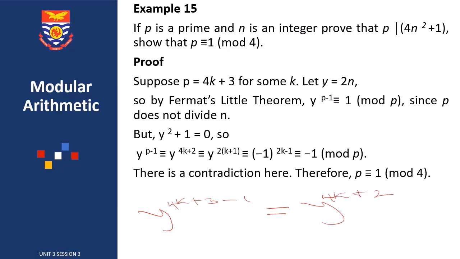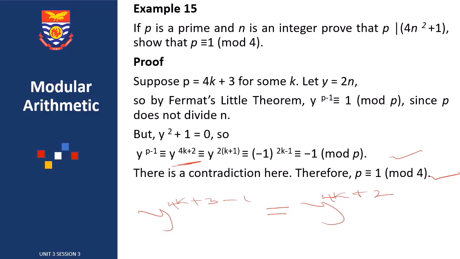When you factor the 2 out, you get this one. And you agree with me that this is congruent to -1 mod p. So there's a contradiction here, therefore p is congruent to 1 mod 4.